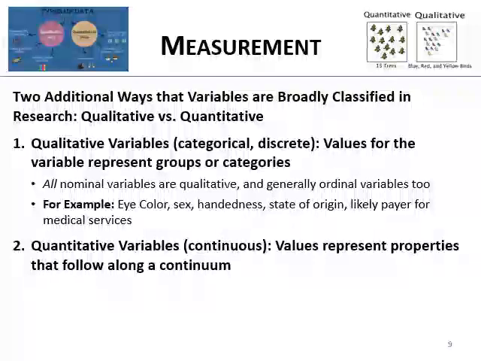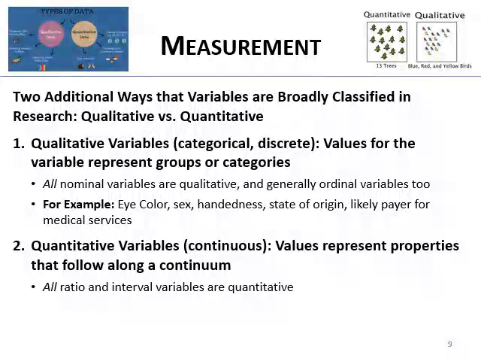Now, quantitative variables, another word for it is continuous, assume that the values represent properties that follow along some sort of continuum. So whatever it is you're assigning numbers to measure, there is an underlying continuum of numbers that you could be assigning.